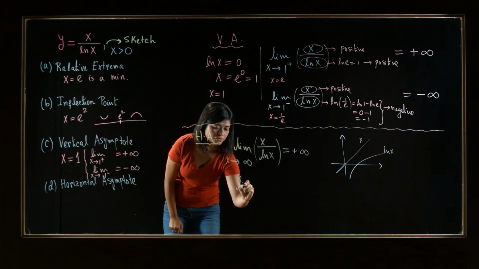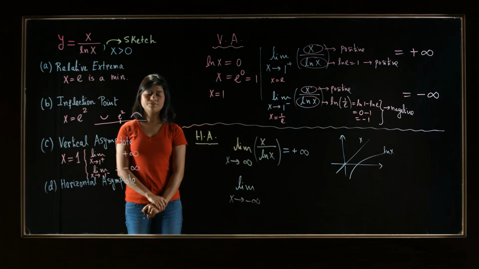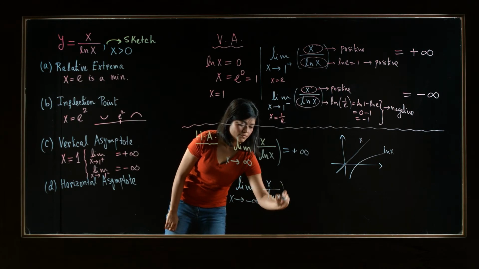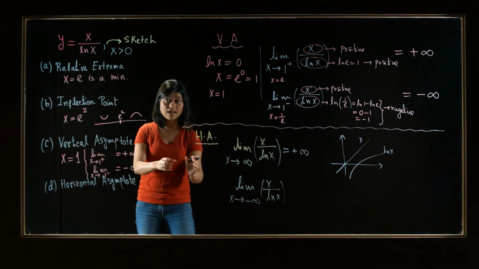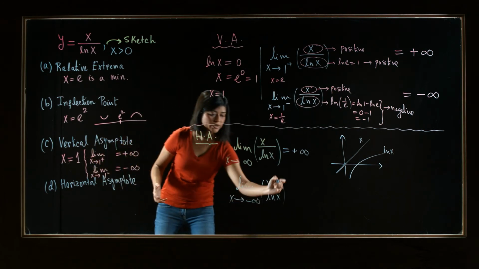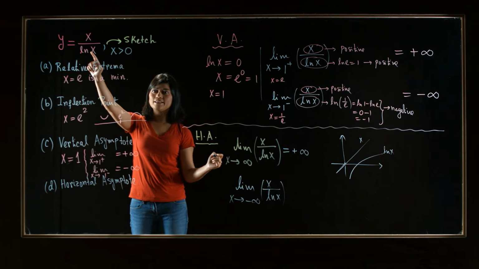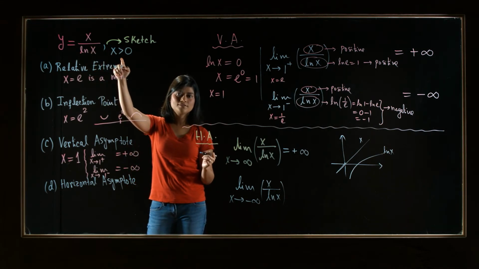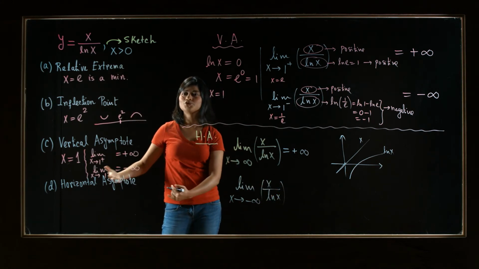What about as x approaches negative infinity of the function? Now think about it for a second. This means x is taking large negative values. So what is happening to the function? Well, we already said at the very beginning that this function is only defined for positive x. So there are no values of the function when x is approaching negative infinity.